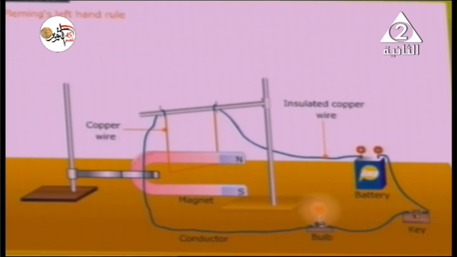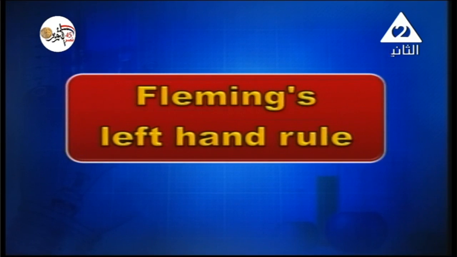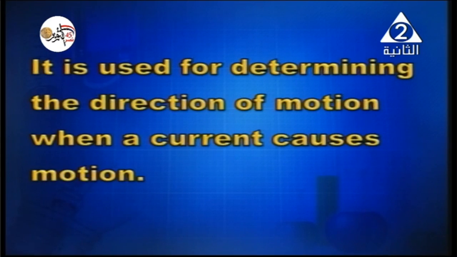To determine the direction of the force, the direction of motion, we use Fleming's left-hand rule. It is used for determining the direction of motion when a current causes motion. What does it mean when a current causes motion?